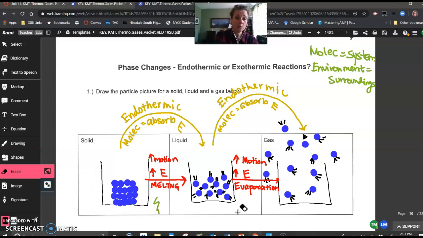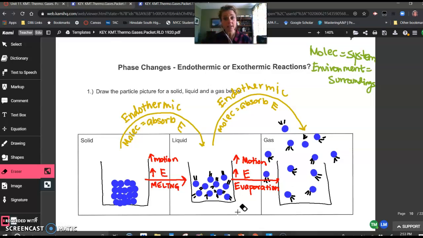And so where are my molecules for the solid obtaining the energy to move around faster to become a liquid? From the surroundings. And so this is why if you have ice inside of a glass and you touch the outside of the glass, it feels cold, because the ice cubes that are inside of the glass are taking the heat from the surrounding air, and the molecules are absorbing that energy and moving around faster and melting the ice to form water.